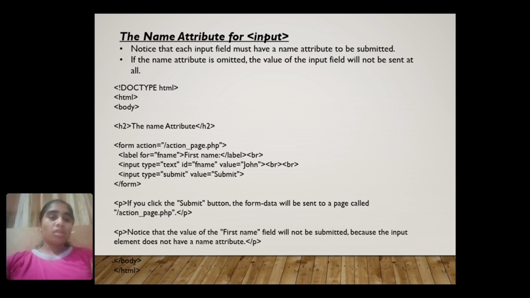If you click the submit button, the form data will be sent to a page called action page php, and notice that the value of the first name field will not be submitted because the input element does not have a name attribute.